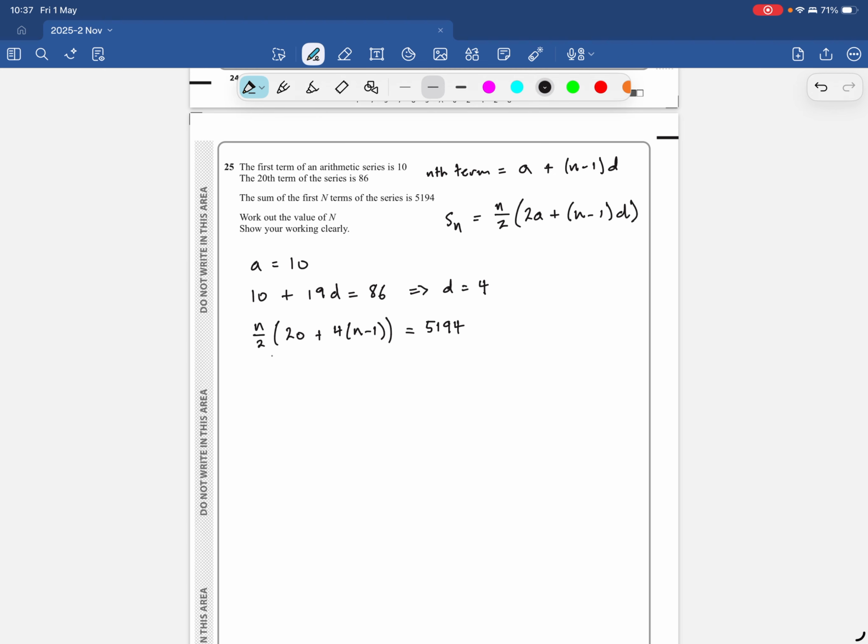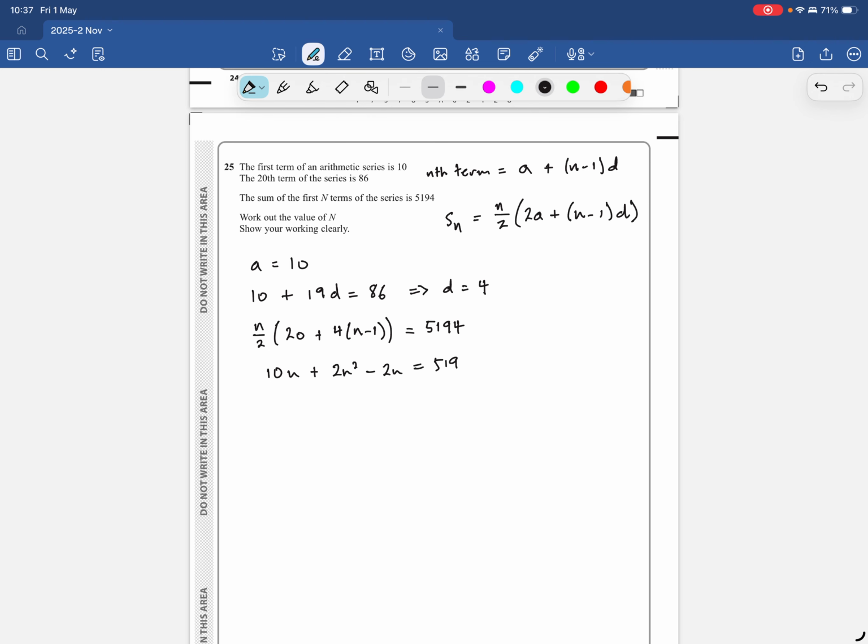I'm going to have to expand this side out, and I can see I'm going to get a quadratic, because when I multiply this n all the way through, I'm going to get an n squared term. So let's do that. 20n over 2 is 10n, and then 4n over 2 is 2n, multiplied by n minus 1 is going to give me 2n squared minus 2n.